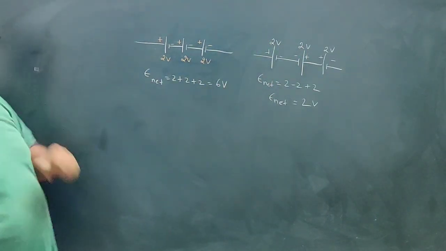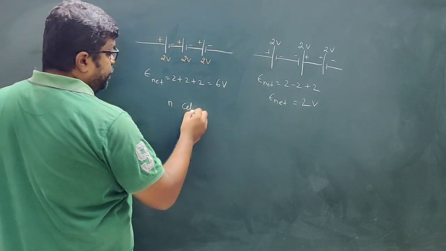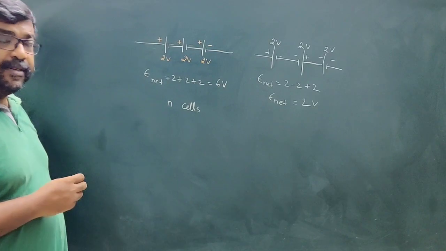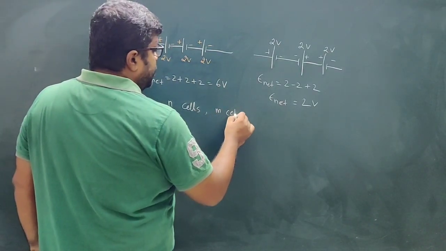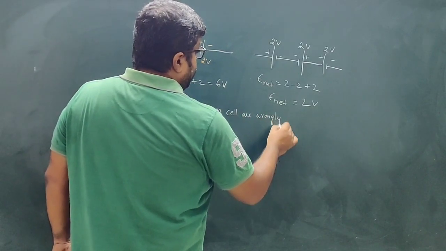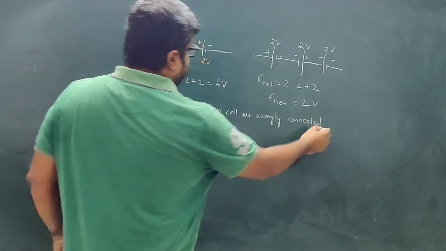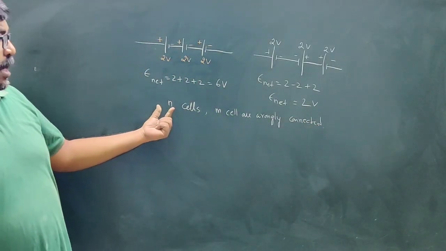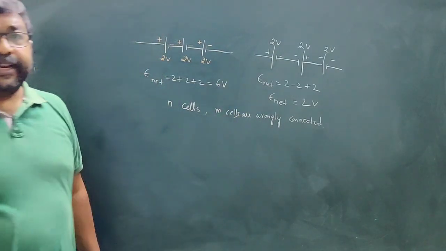So in general, we can say that suppose you have n cells, and out of n cells, m cells are wrongly connected. Total n cells are there. Out of n cells, m cells are wrongly connected.